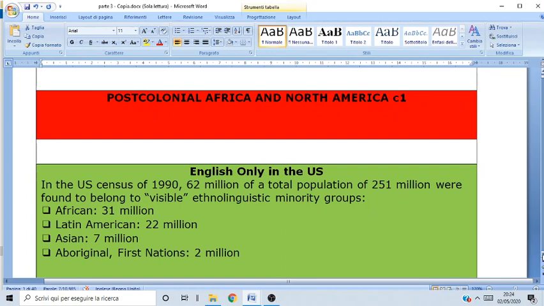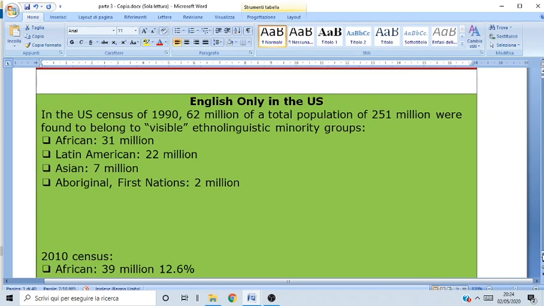And so this first part is going to be about the English-only movement in the United States. Before we get into what this means, let's look at some data. According to a US census of 1990, 62 million people out of a population of 251 million visibly belonged to ethno-linguistic minority groups.